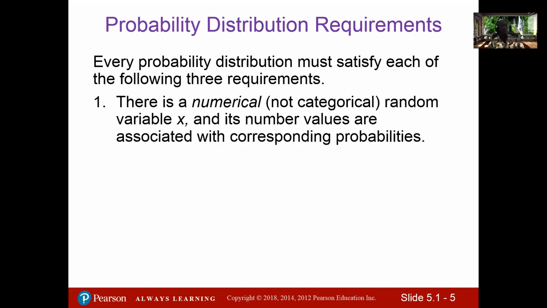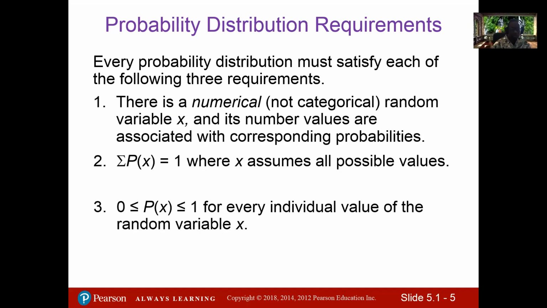So these are the requirements. The following satisfy what we mean by a probability distribution. One, there is a numerical, not categorical, random variable x, and its numerical values are associated with corresponding probabilities. Then if you find the sum of all those probabilities, you must get 1, or if you express it as a percentage, 100%.